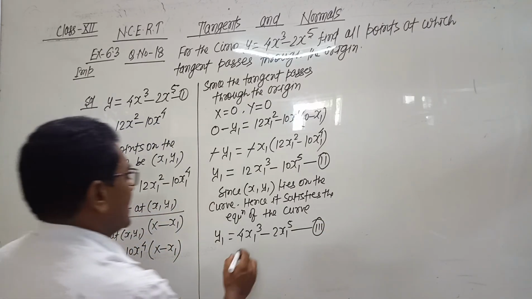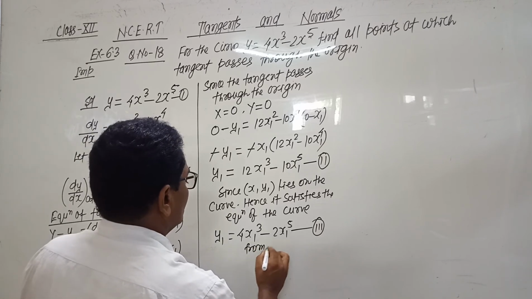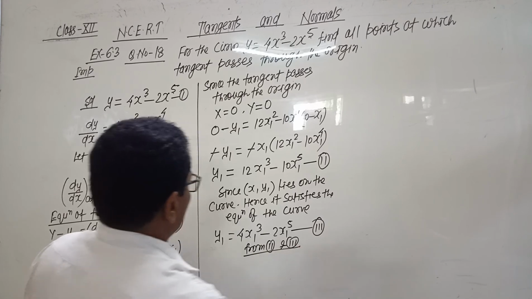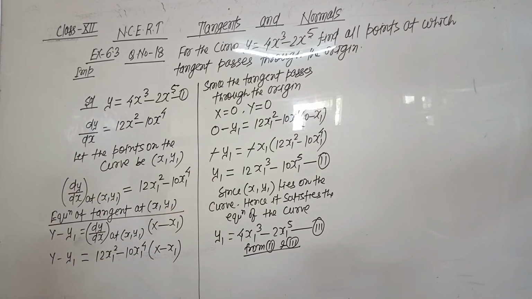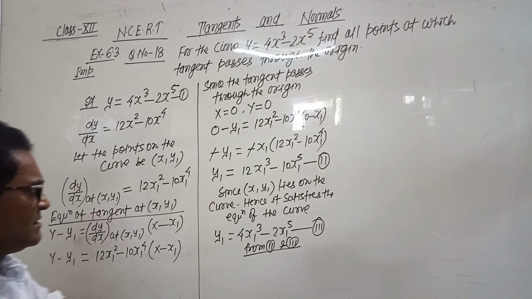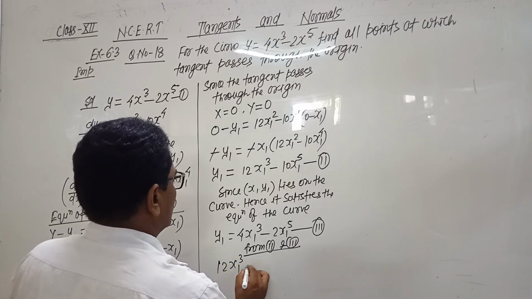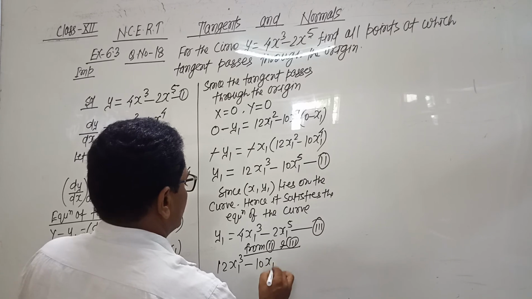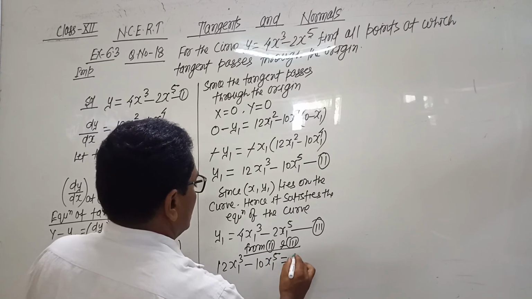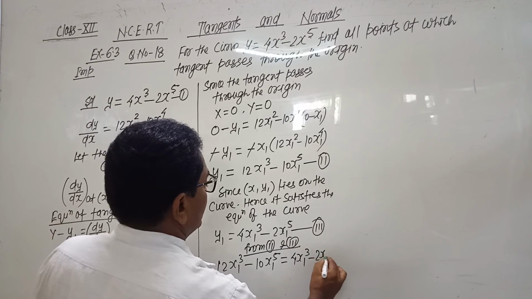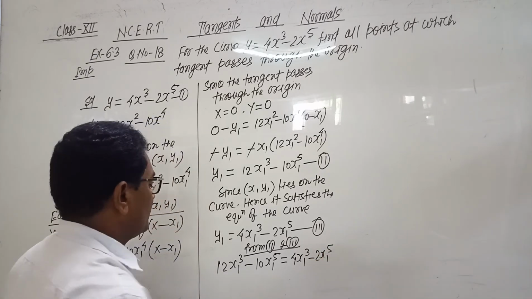So from the second and third equations, the LHS of both is equal, so we can equate the RHS. Means 12x1 cube minus 10x1 raised to the power 5 equals 4x1 cube minus 2x1 raised to the power 5.